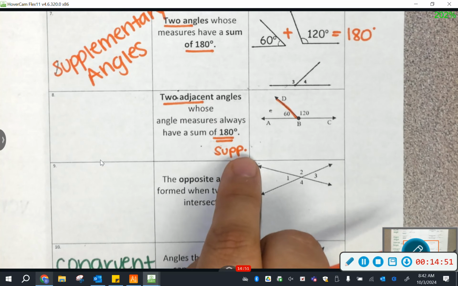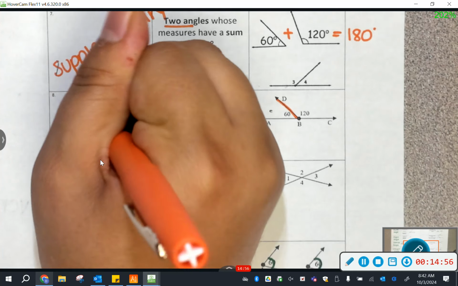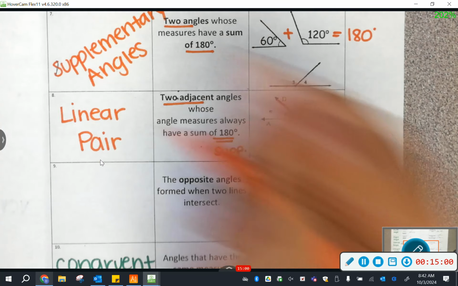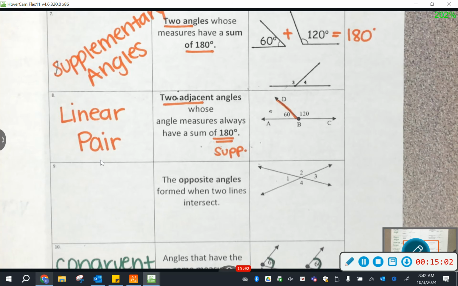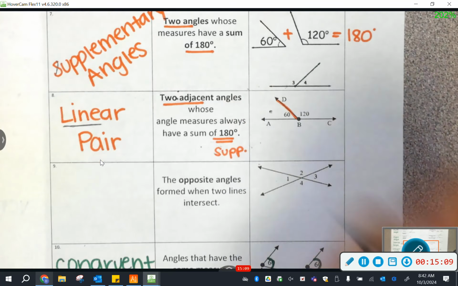So two adjacent angles that are supplementary, we call this a linear pair. What does linear mean? A line. And how many degrees is a line?